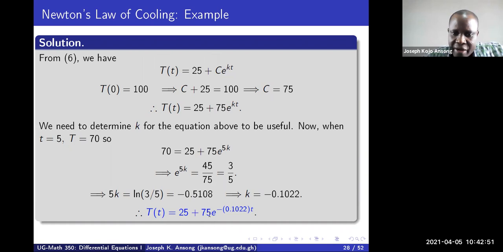Divide through by 75, so you have e to the negative, this expression, is equal to 0, which is of course unacceptable. That is because the exponential expression does not go to 0. So you can't put 25 here and solve for t.